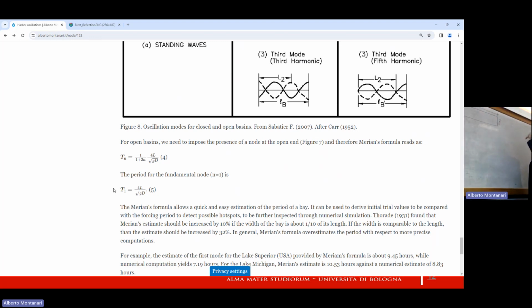What happens for the fundamental mode? Let me just show it here in cross section. So I have only one node at the mouth and an open end. So the wave is like this.